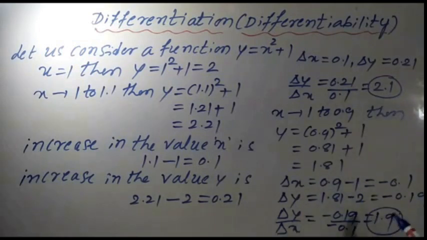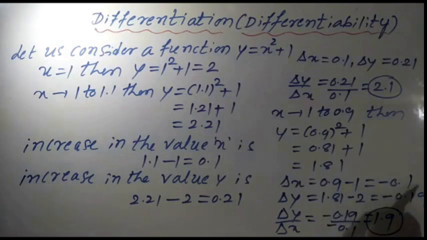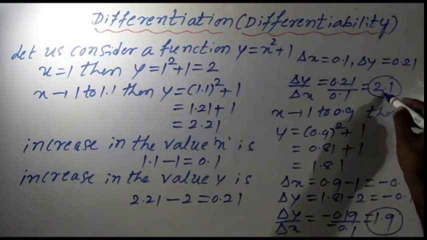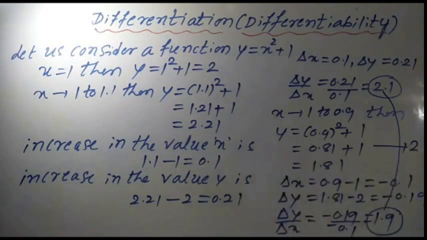Similarly, here delta x is equal to minus 0.00001. Then delta y by delta x is equal to 1.999981. When delta x tends to 0, these two results are very close to, very near to 2.